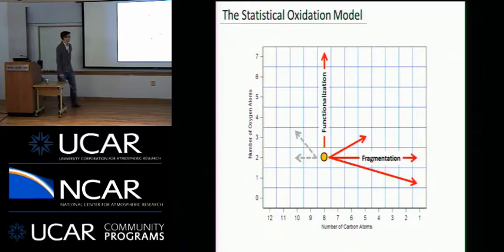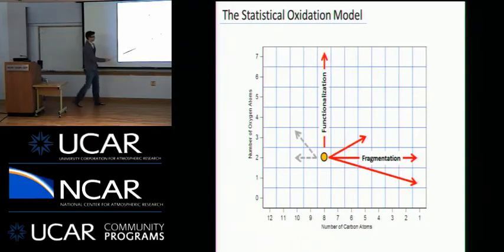You're going to have 2 fragments from each one. And then other things that we are exploring is the possibility then that we actually also have oligomerization or accretion reactions causing these species to grow in size, which is going to tend to decrease their volatility.